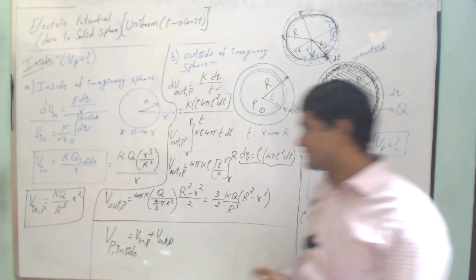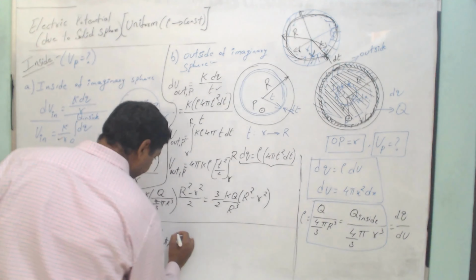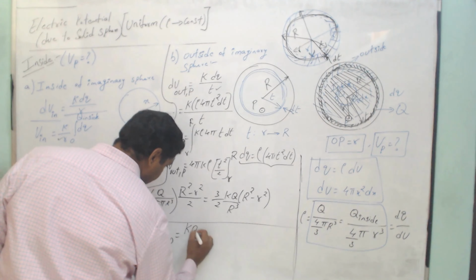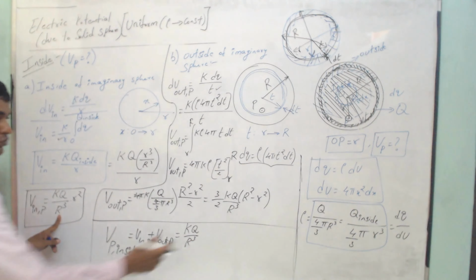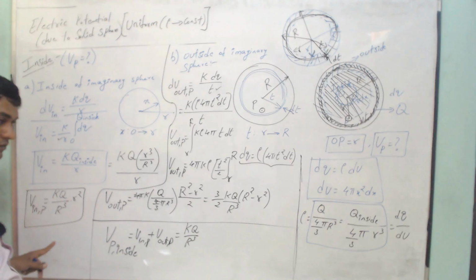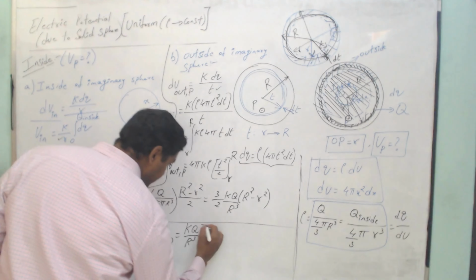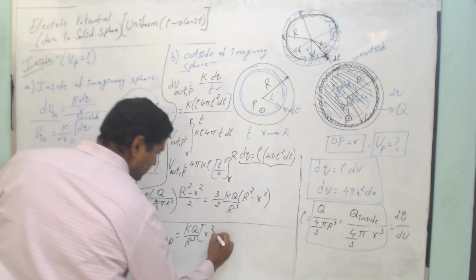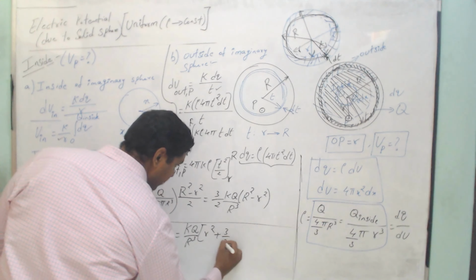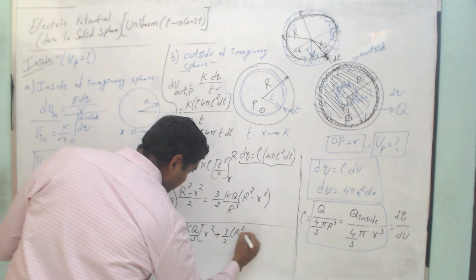So basically, I will have k capital Q by R cube, which is the same in both. In brackets, I will have small r square plus this, 3 by 2 into capital R square minus small r square.